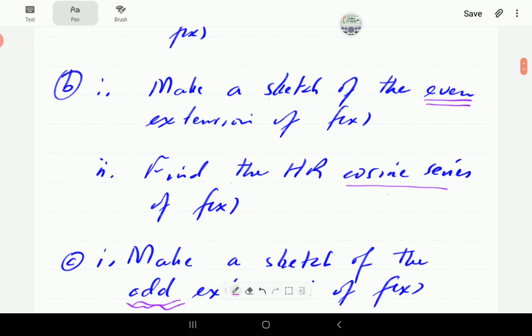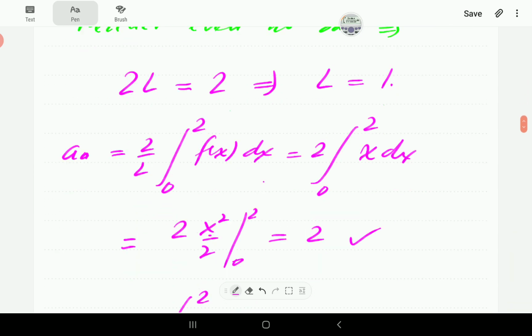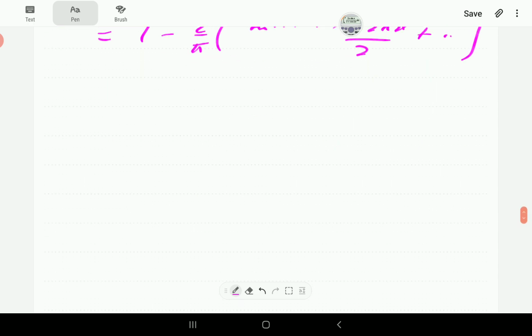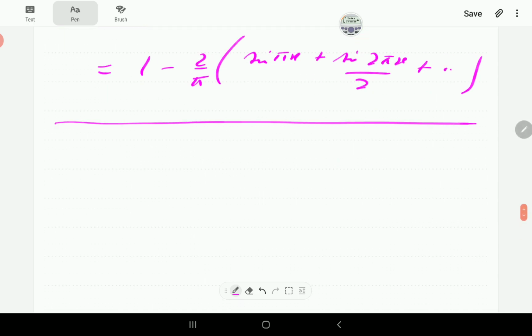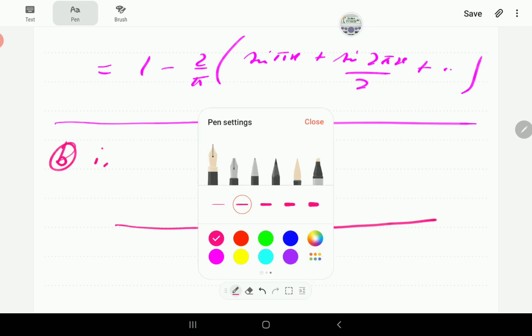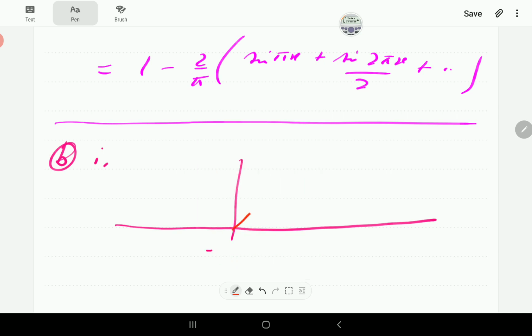So in this case, we're making an even extension of the function. So B part 1, even extension of the function. So again, this is the function we have.